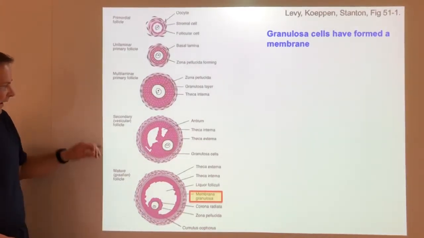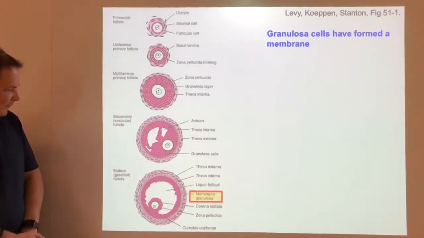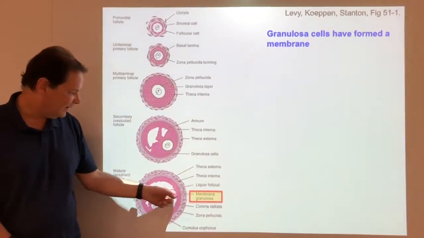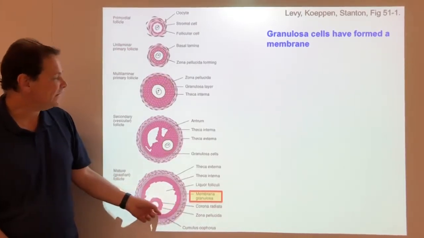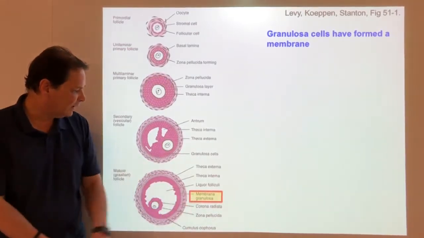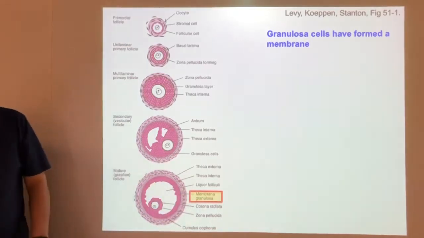And then finally, after puberty, you develop into a mature Graafian follicle. You have the follicular cells, which develop this membranous membrana granulosa.